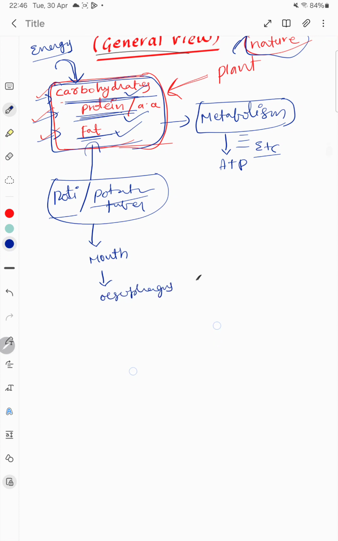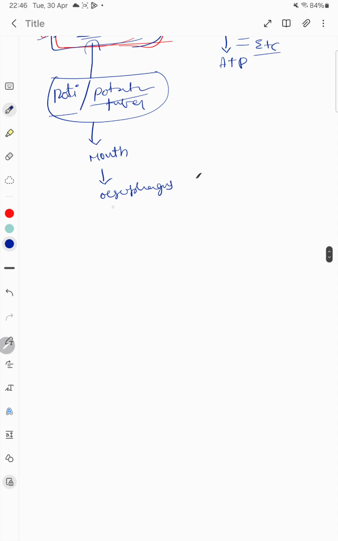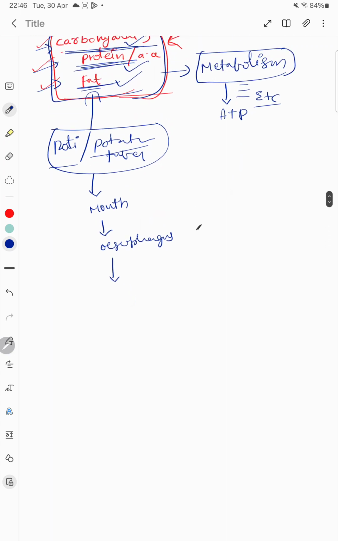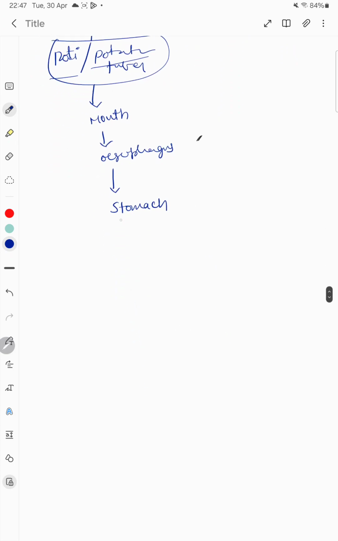From esophagus, the bolus of carbohydrate, fat and protein enters into the stomach. Got it? Stomach. From stomach it enters into the intestine, which means it's the digestion process of the food.